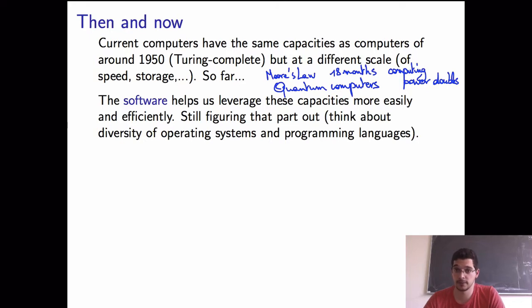We're still figuring out the software, meaning that there is no really optimal solution to do different types of tasks. So for instance, there is a wide variety of programming languages and a wide diversity of operating systems.